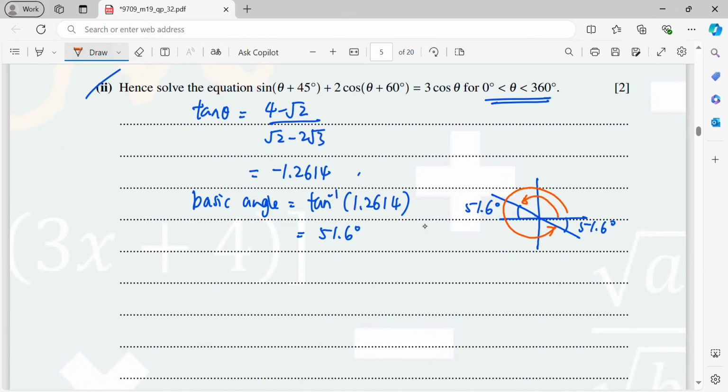So then from here, I will just write my theta is second quadrant means 180 minus the value. And then if this is in the fourth quadrant, it will be 360 degrees minus the value. So at last, you will be getting 128.4 degrees and 308.4 degrees. So that's all for the part 2.